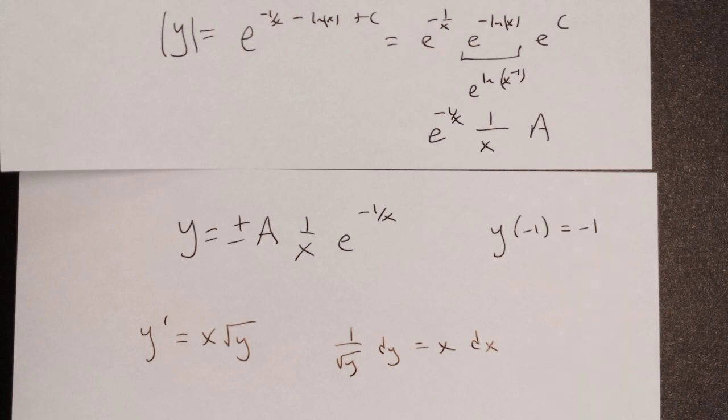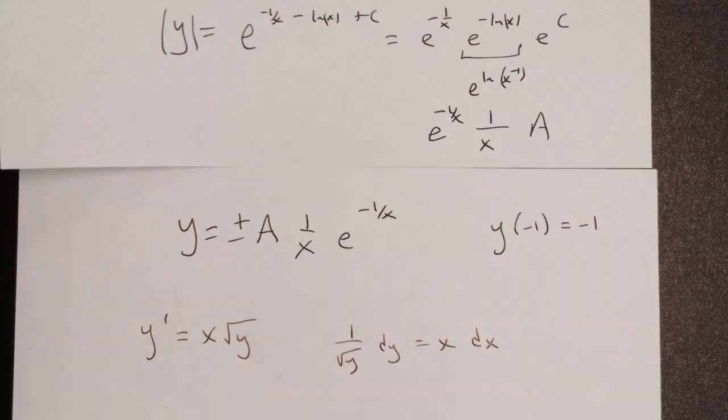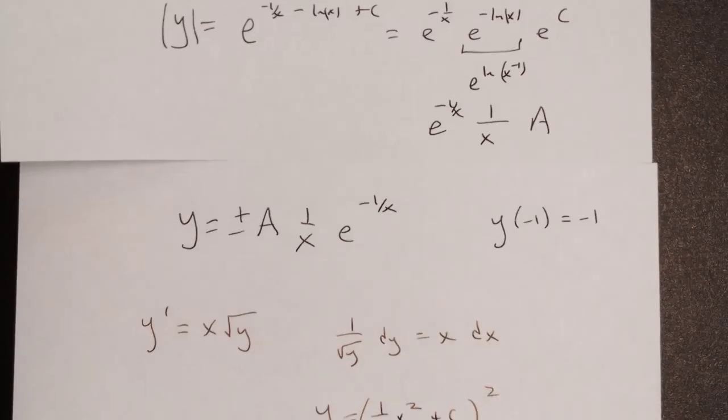We actually used this one because we came up with the solutions back in chapter 1. This was one where I asked you to verify that we had a solution, and the solution in question was y equals 1/4 x squared plus c quantity squared. Oop. Doesn't help if you can't see it.